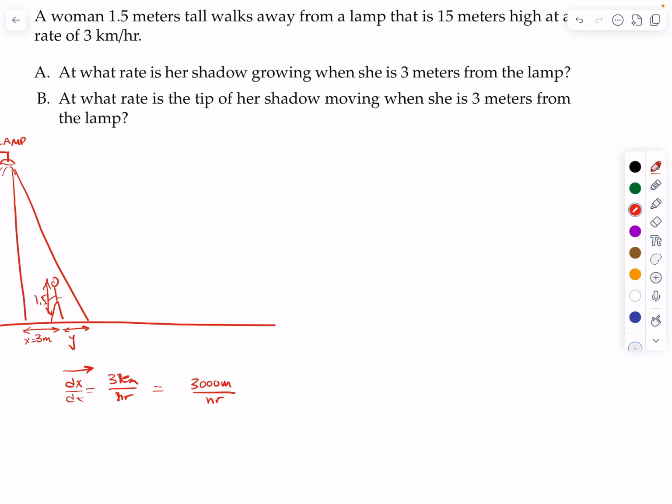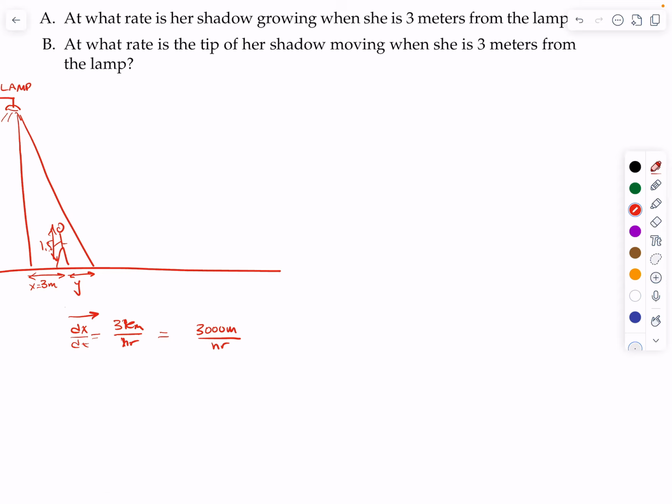I feel like this should be measured in seconds, so let's change this to 3,000 meters per 3,600 seconds, which is the same as 15 over 18, which is 5 over 6 meters per second. That feels a little better to me. Okay, so we'll go with that.